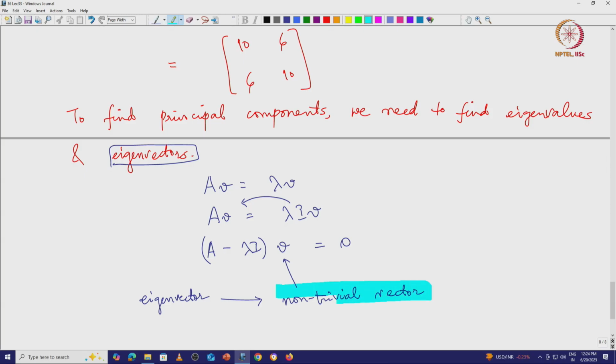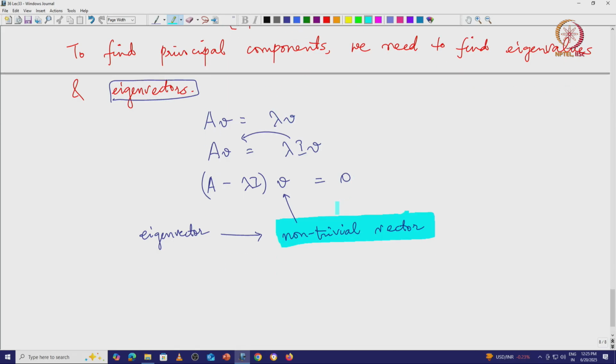Obviously if V was all zeros, you would get 0 on the right hand side, but you want a non-trivial solution, right. Those are the ones that are useful because they tell you in which directions you will simply be stretching the vector if you operated the matrix A. This is a linear operation, A times V, and then this is simply a stretching operation. So along which directions is multiplying by matrix A simply equal to a stretching of the vector? So those are the non-trivial vectors we desire, not the 0 vector.